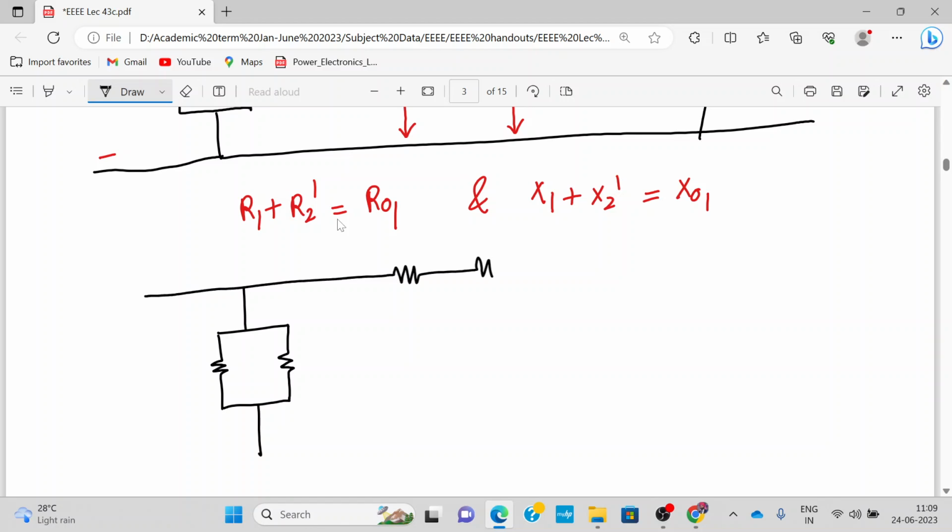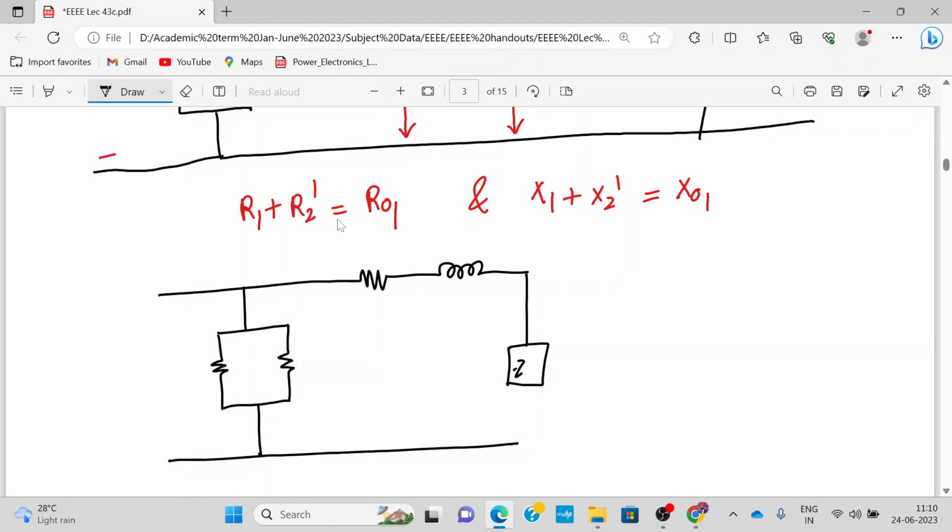So we can show just a cumulative resistance and a reactance. Okay, and the transformer is loaded with ZL dash. Here the voltage is V2 dash. This is XO1, RO1. This is I0.